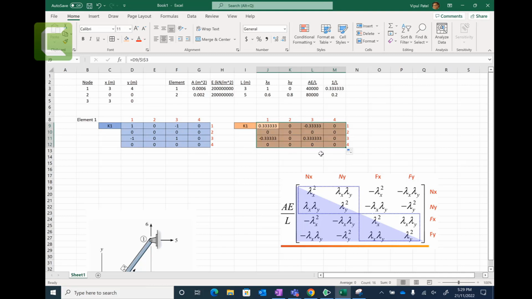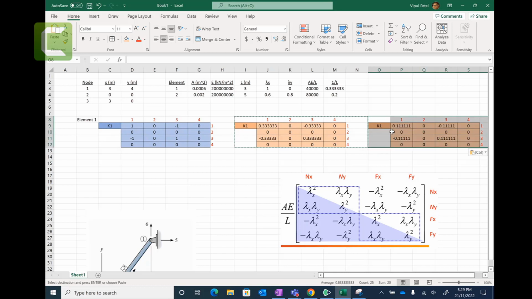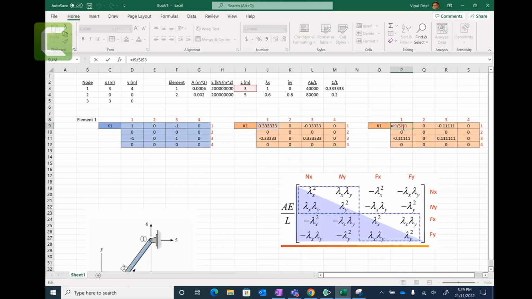So you get the whole matrix that is AE 1 over L. If you want to multiply by AE, or these whole things, you can do that. I can show it to you. Control C, Control V. So let's say you want to multiply AE over L, and we want to lock it.